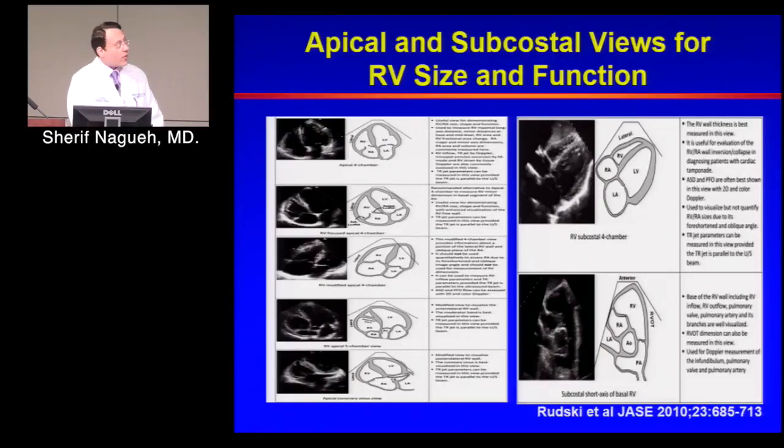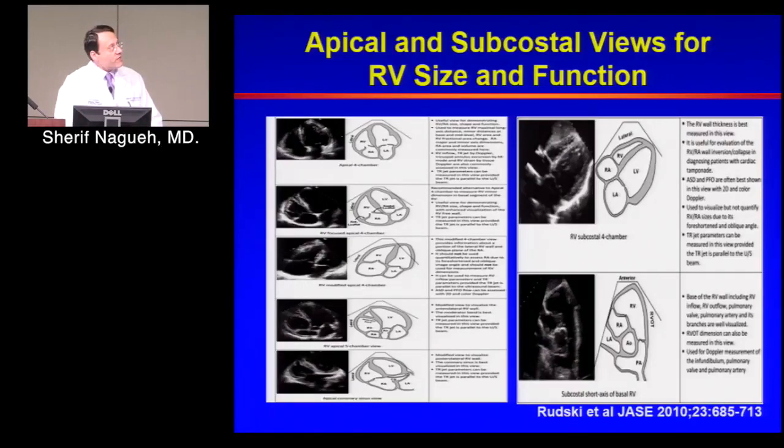So you can tell the RV-focused view will give you a somewhat larger RV basal dimension. Again, aside from transverse dimensions, you can measure as well the long axis. In the updated guidelines 2015, the long axis dimension by itself is not that emphasized.